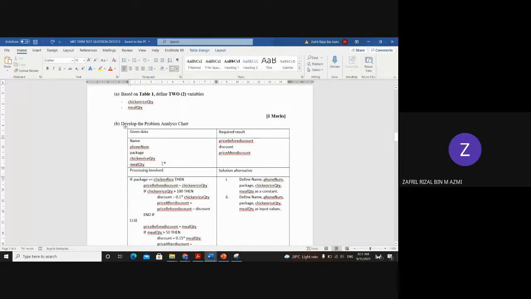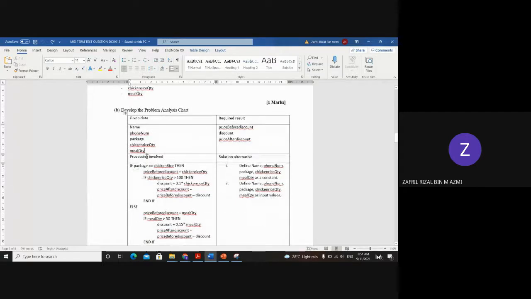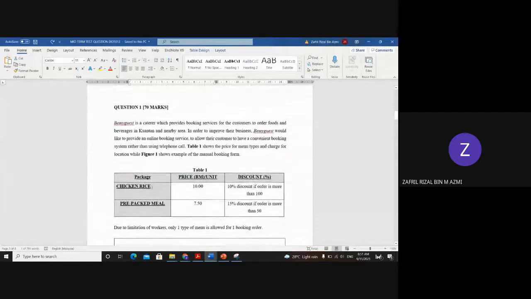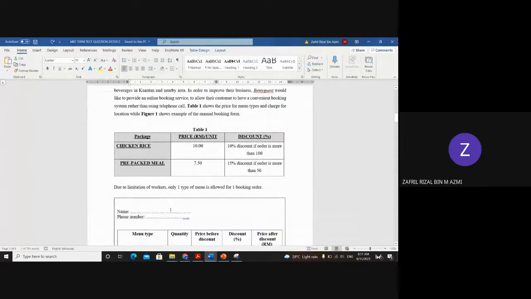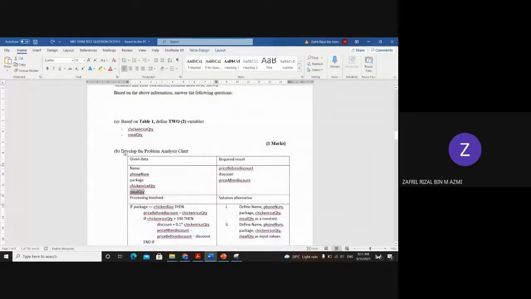It depends on the package that the user chooses. If the user chooses the chicken rice package, the user doesn't have to enter the pre-packed meal quantity.